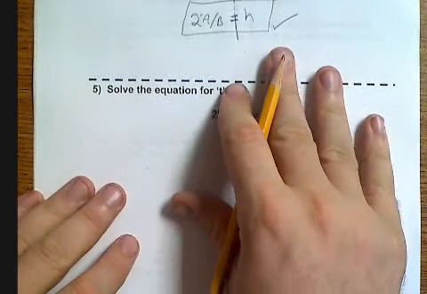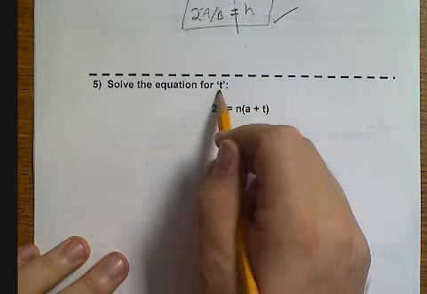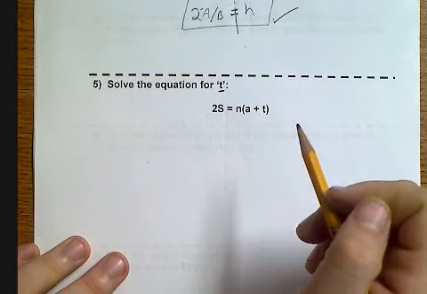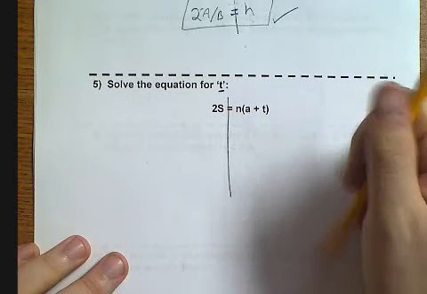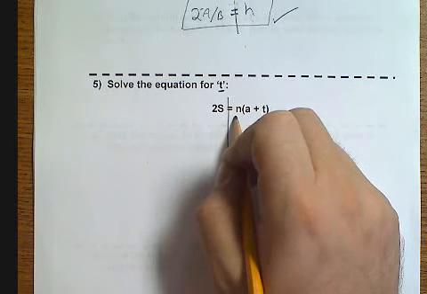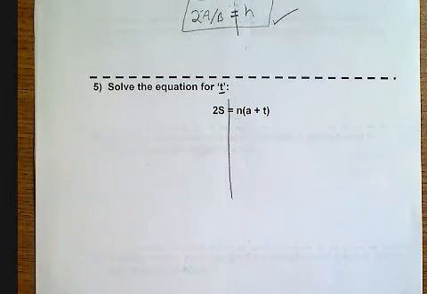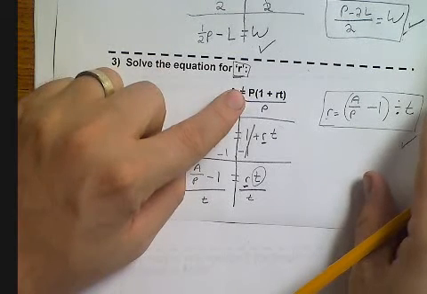And now for problem number 5, the last one of this packet, we want to solve for t. Our bar, of course. Now earlier, this is just like what we did on problem number 3, where we would have this p in front and we divided by p.